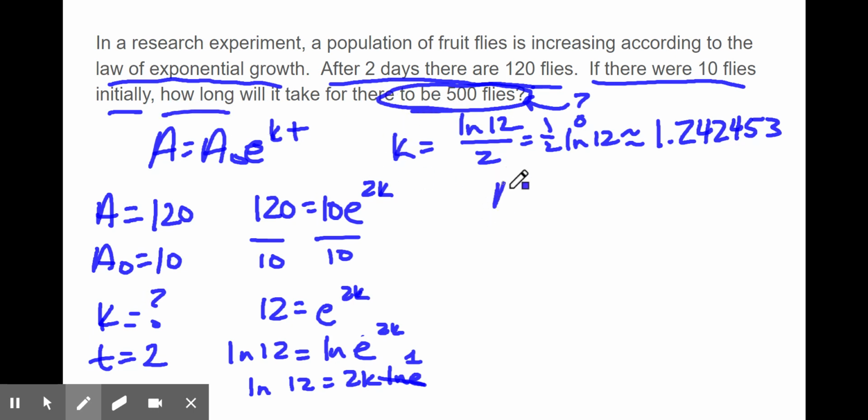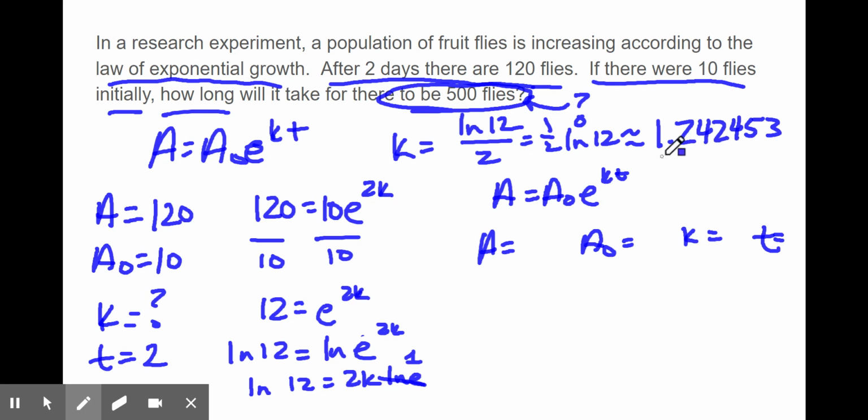All right, so let's reset this. We have our equation, A equals A naught e to the kt. A naught, k, and t. So k we have, it's going right there. A naught, initially there were 10 flies when we started. After, there's going to be 500 flies, and I want to know how much time it takes to do that.